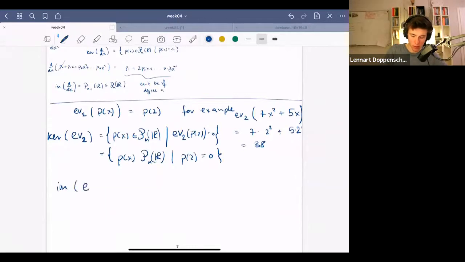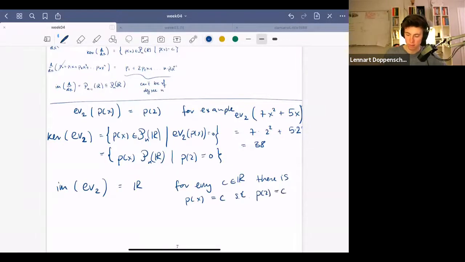So the image of EV2 is equal to R. For every real number c, there is p(x) equals c, such that in particular p(2) is just c.